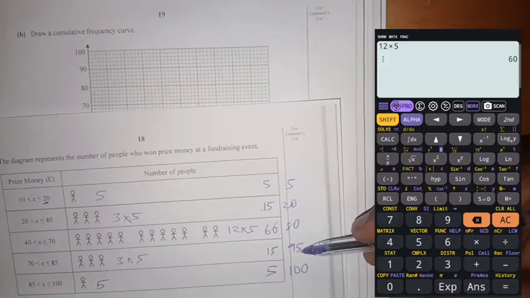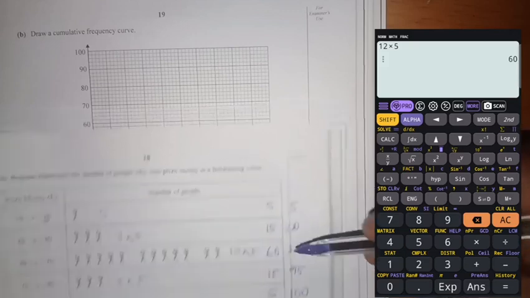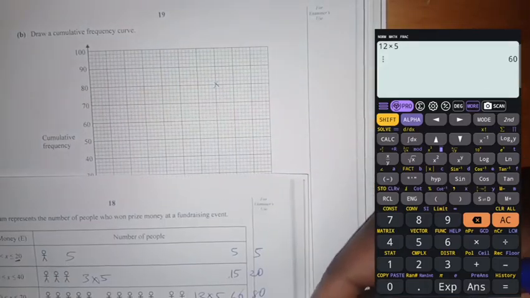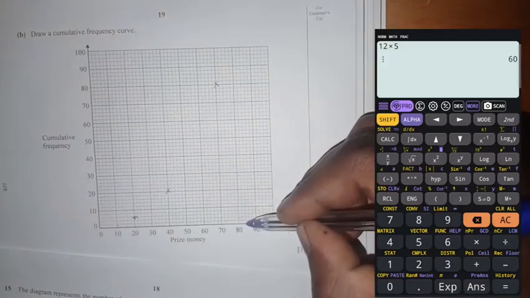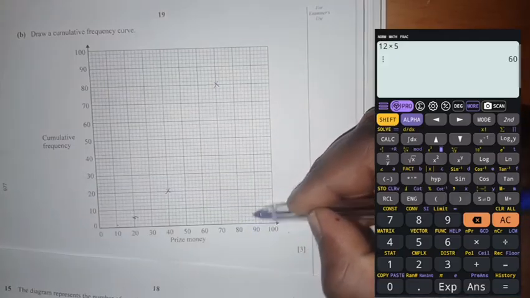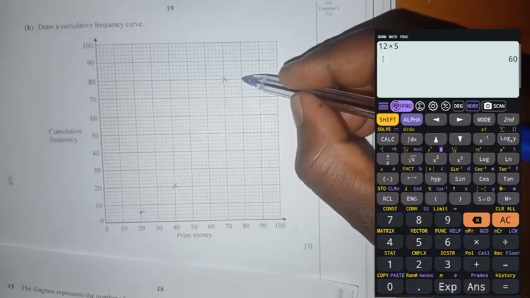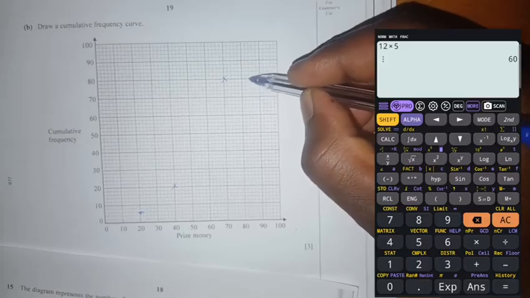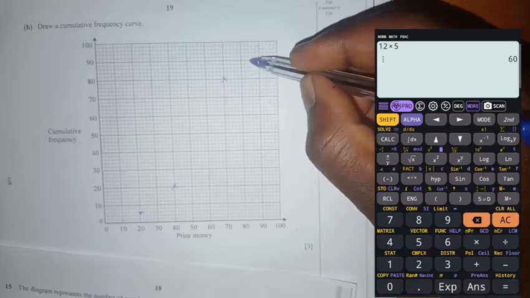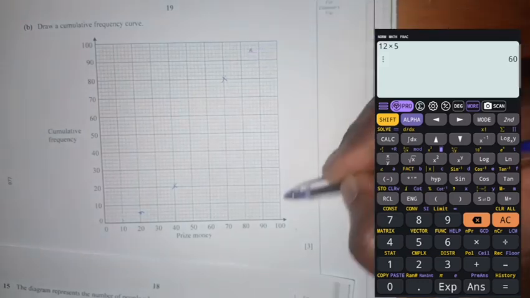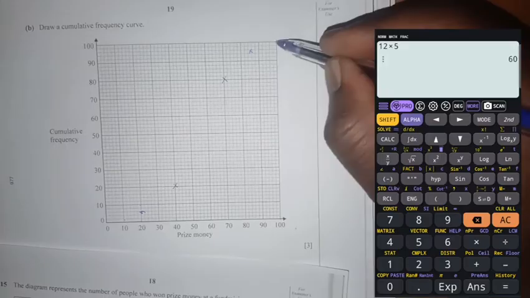Then at 85, before 85 we have 70 going to 80, there you go. Then 95 is at 90, 92, 94, 95, it's there. And the last one at 100 goes to 100.